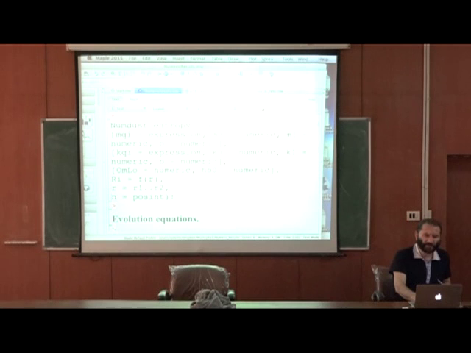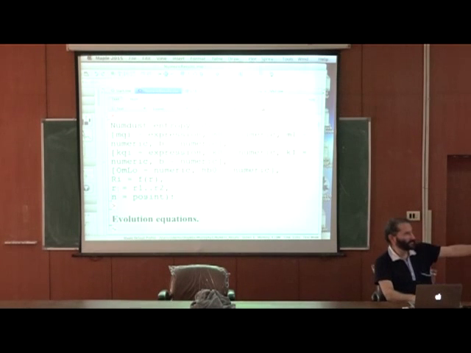I'm giving an expression for the initial density, for the initial curvature, an expression for omega, and also an expression for the background value of H. And this is the parametrization of R at the initial slice, which we will take to be simply f of R equal to R. This is the range of the partition, from R1 to R2.